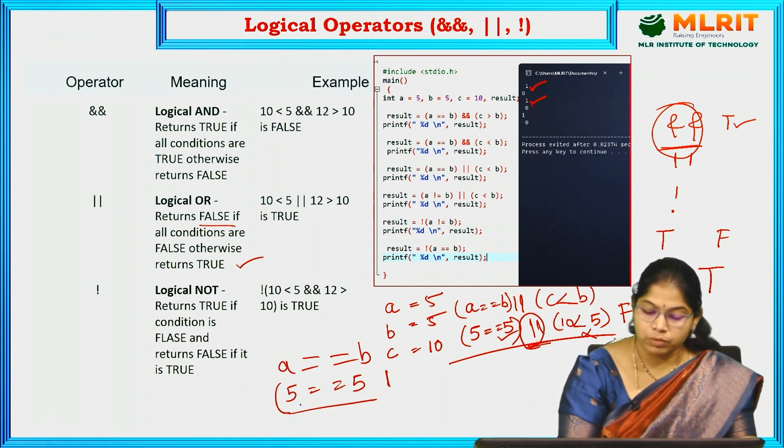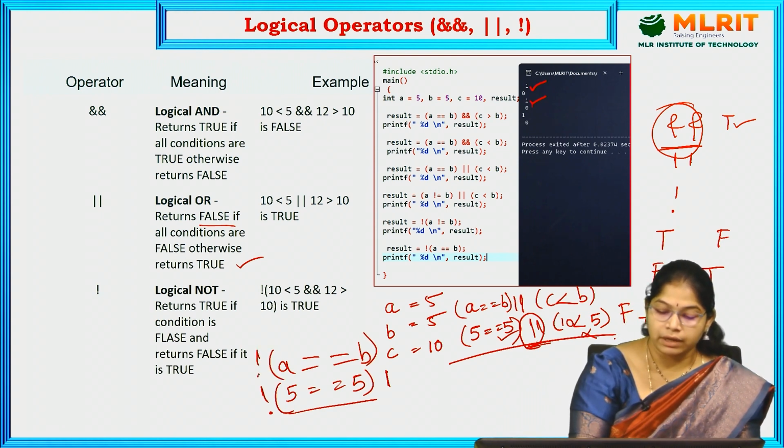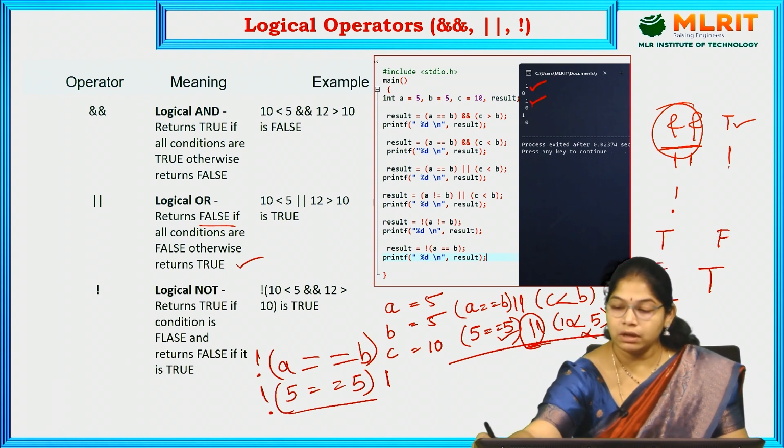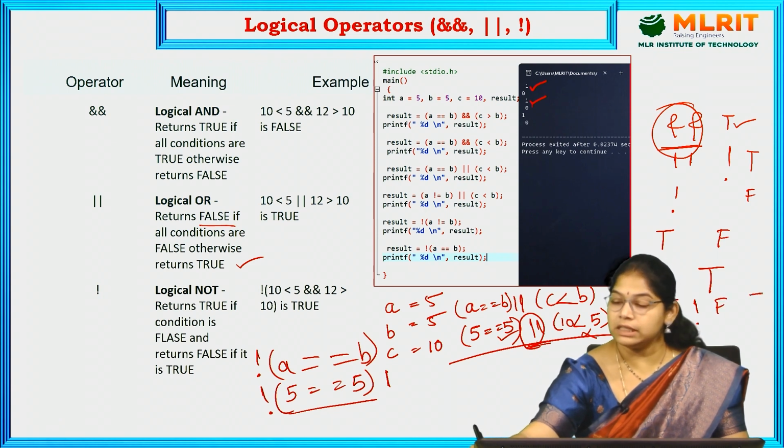Then let us suppose here I am giving not, A equal to B. When we are using a not, if the condition is true, the result is false. If the condition is false, the result is true.